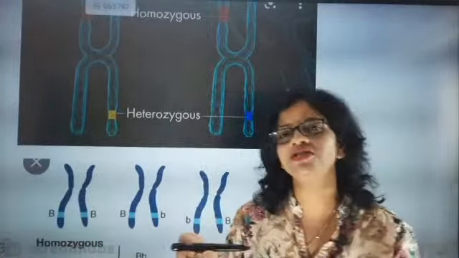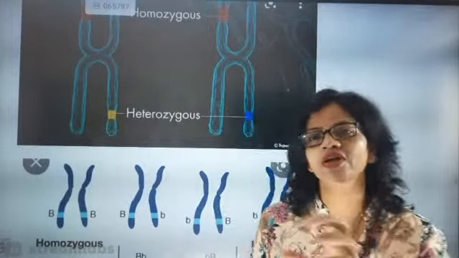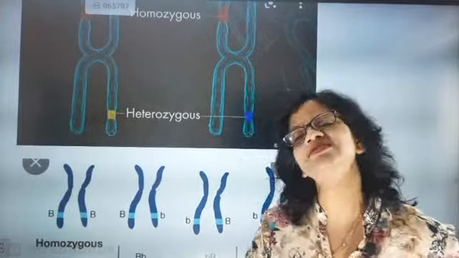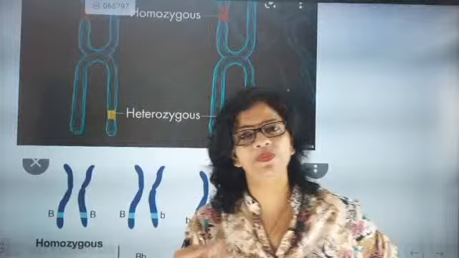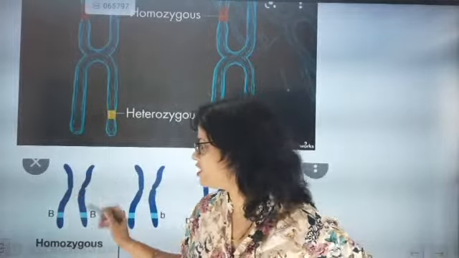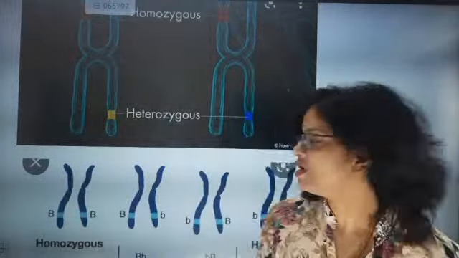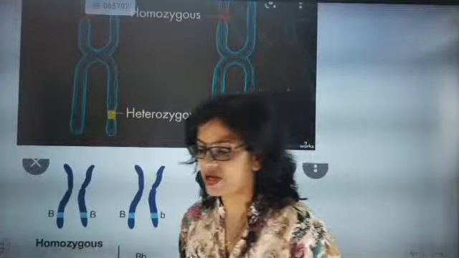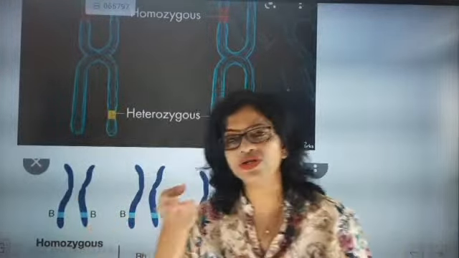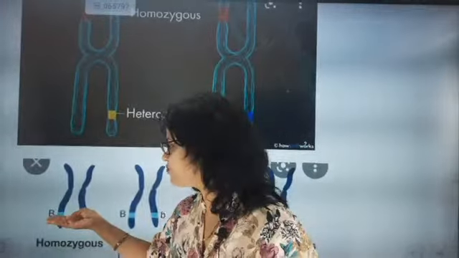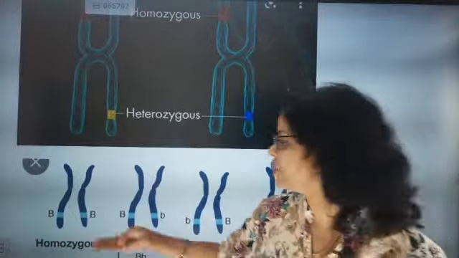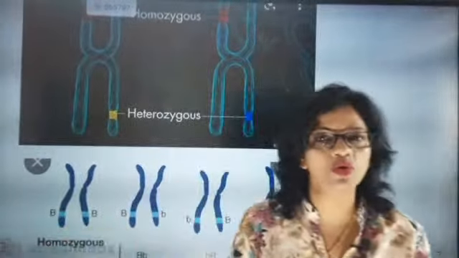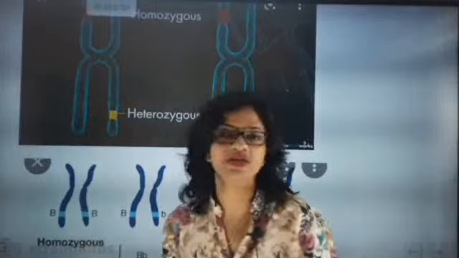Loci means the localization on the chromosomes from where the genes are picked. If the band is up and this band is down, it will not be picked. So you have to pick the character from the same locus. Same locus means same location.